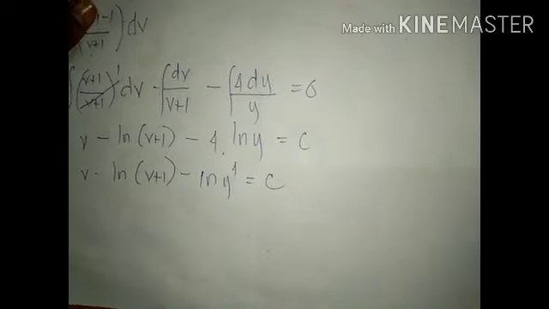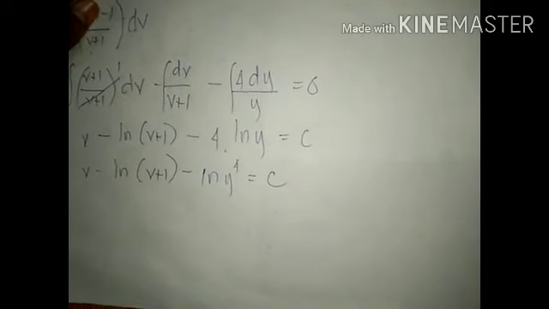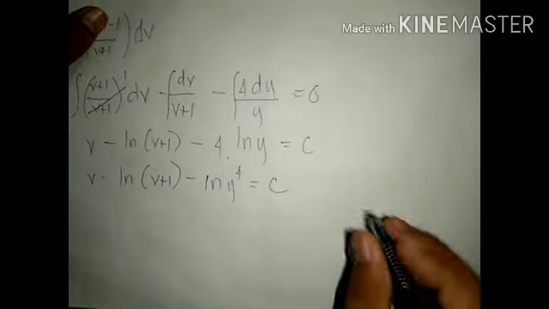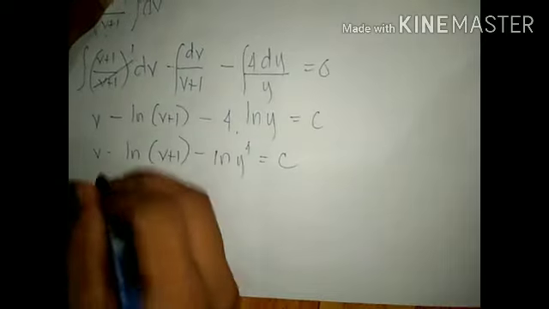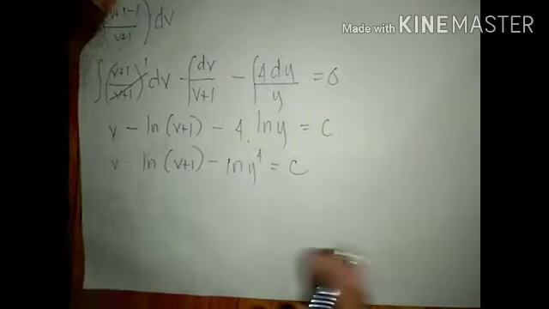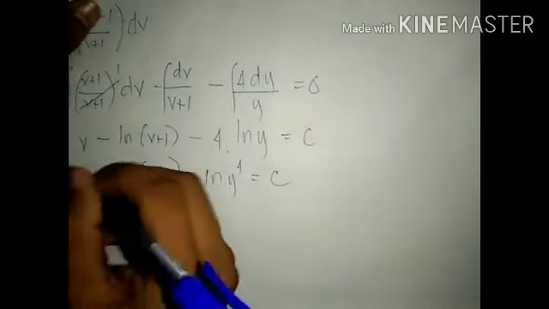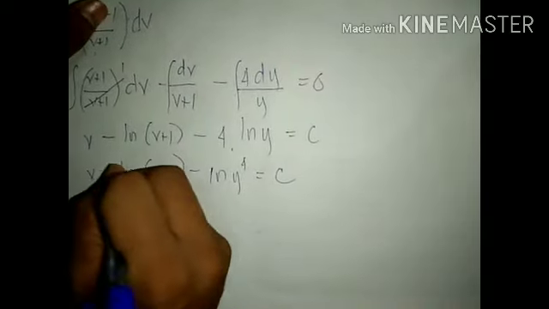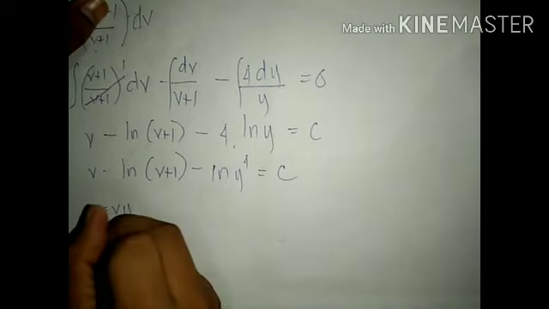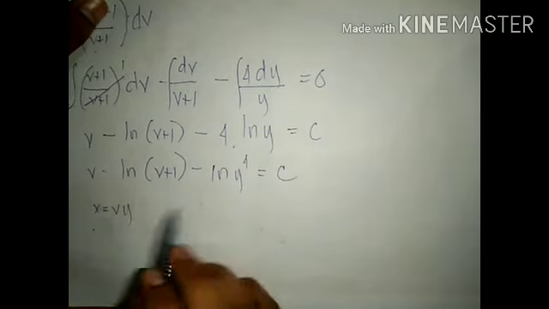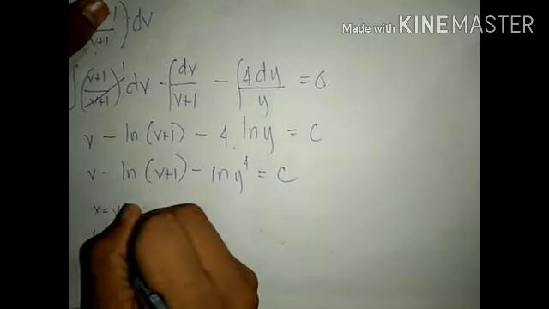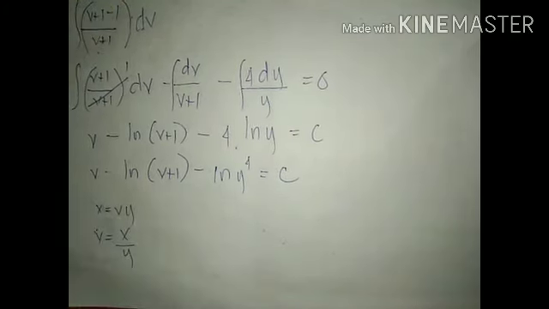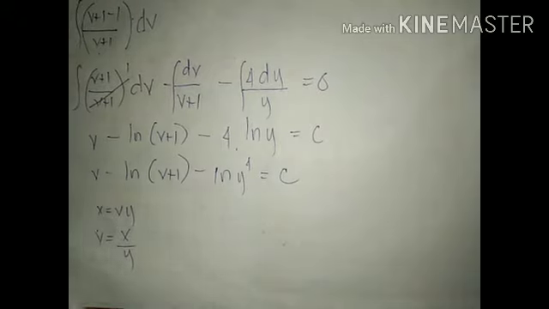So next kay substitute nato, di ba naamtay katong apply substitution nato ganiha atong x is equals to vy. So ang atong v is equals to x over y, and then x over y.